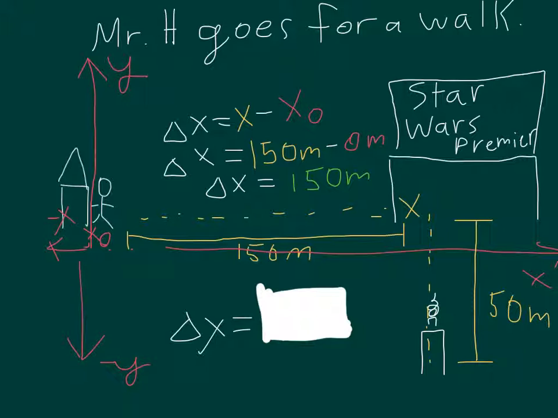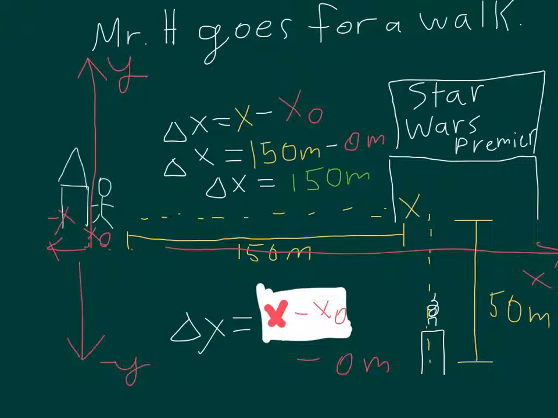So my displacement in this case will be my final position minus my initial position. Nothing's really changed about my initial position. It's still going to be 0 meters. But now I need to figure out, what is this point all the way out here? Well, it's going to be 150 squared plus 50 squared.